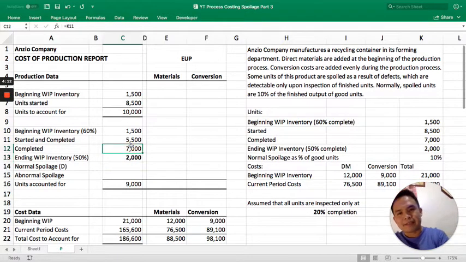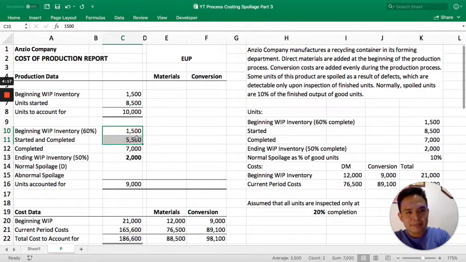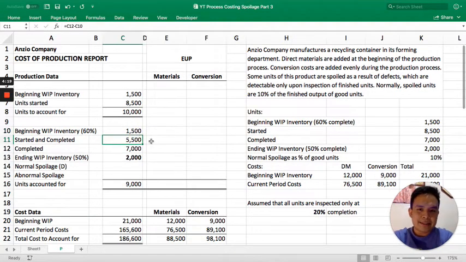Next, yung completed. And we have to separate it into beginning and started and completed. Yung started and completed, dumaan ba sa inspection point? Ang sagot yan, yes. Kasi yung started and completed, it went all the way from 0 to 100. Dumaan ba yun sa 20? Yes. So, kasali siya sa mga, in terms of counting units na dumaan ng inspection point.